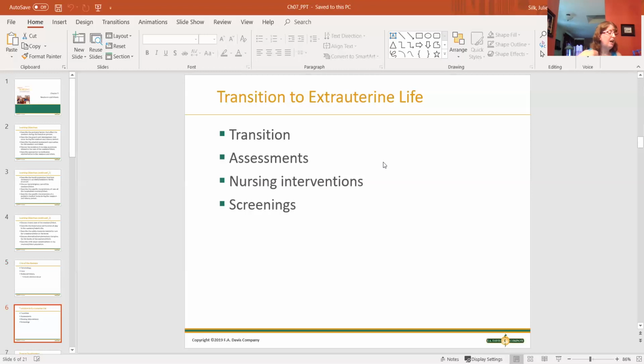You have to have external stimuli. Just think about when we were in OB and we talked about when the baby comes out, you're worried about that first breath this baby takes. You're worried that they have all this stuff in their nose and their air passages, so you're going to suction them out, and hopefully they start crying and taking their first breath right away.